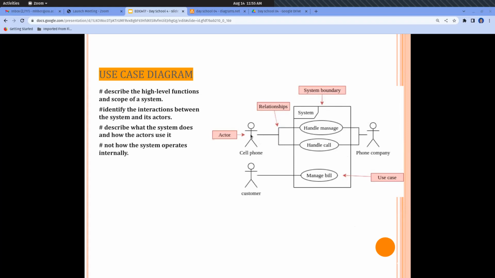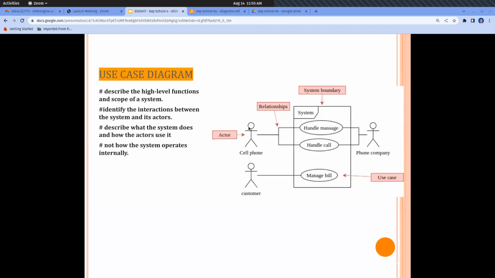What roles? Of some operators, one person interacting with the cell phone company, the cell phone.